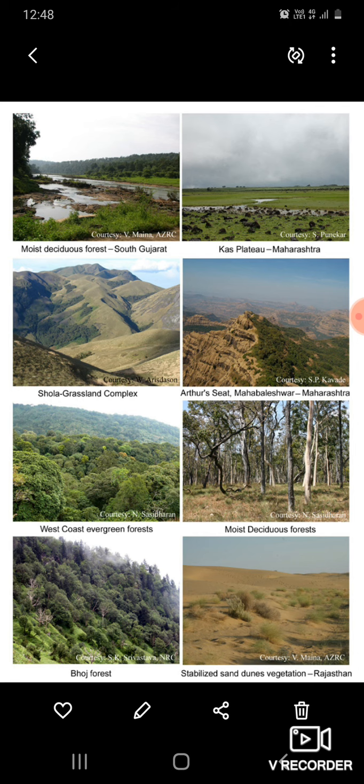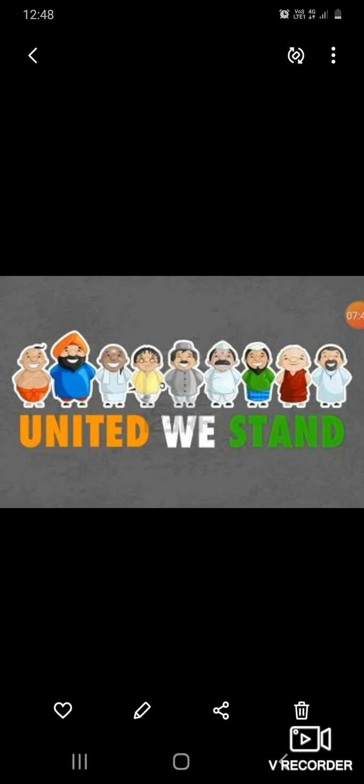Next one is population diversity. People belonging to different communities live in India. There is a diversity in appearance, physique, language, food, manners, customs and religions. In India we can see different types of people, their physical appearance is different, their languages are different, and their food style is different.